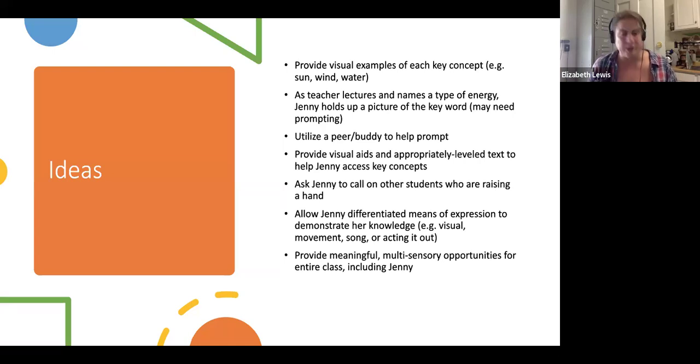Universal Design for Learning. You can provide meaningful multisensory opportunities for the entire class, including Jenny. So this is just a differentiated way to engage her, having hands-on multisensory experiences to help enhance the learning process for everybody.